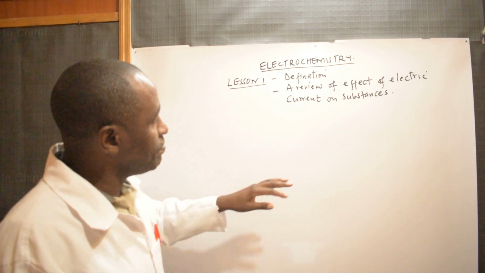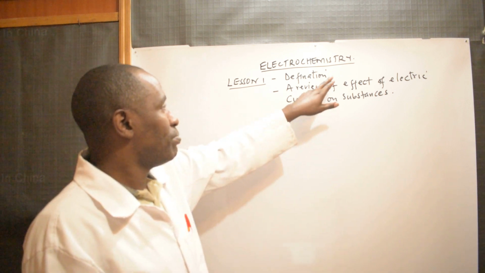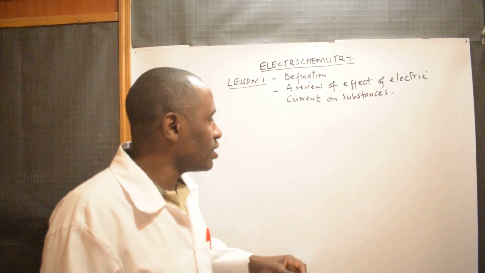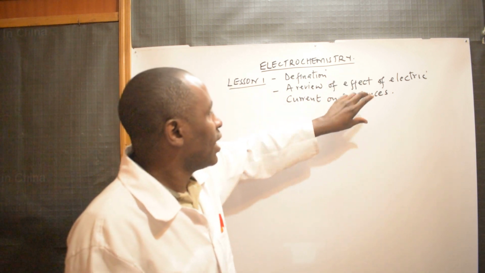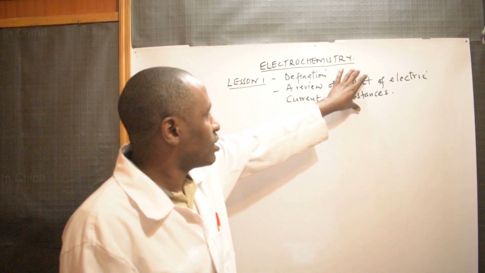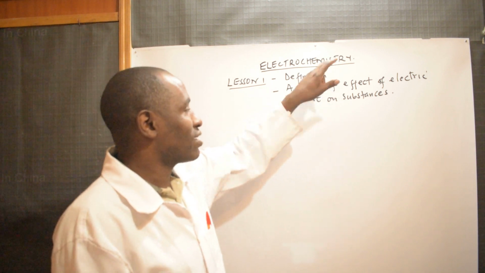Now, I will start by defining, and before I talk about the definition, maybe I must say that there's a big relationship between this topic on electrolysis, or the effect of electric current on substances, and electrochemistry.